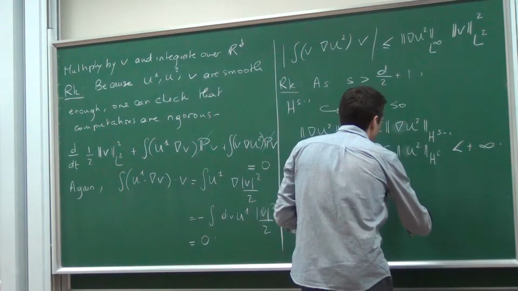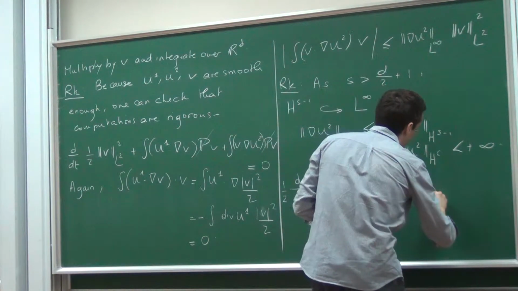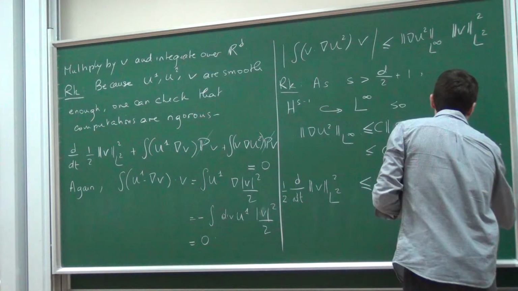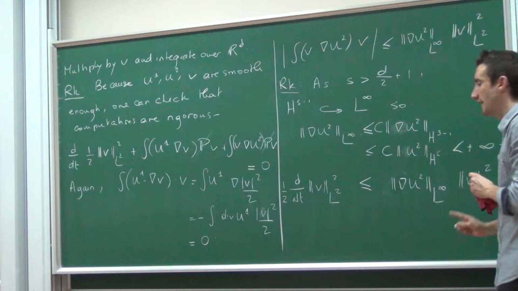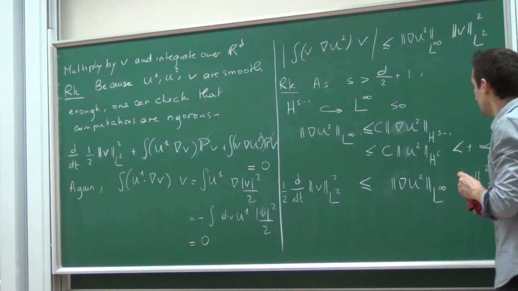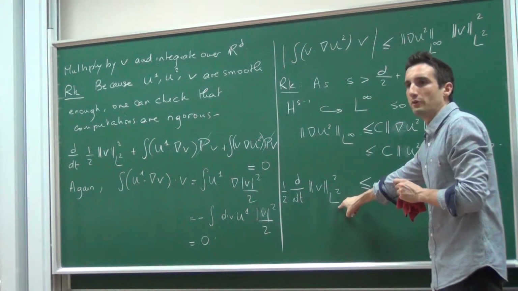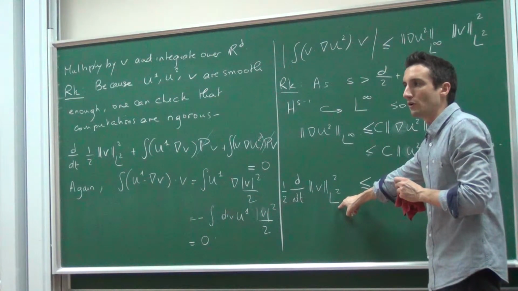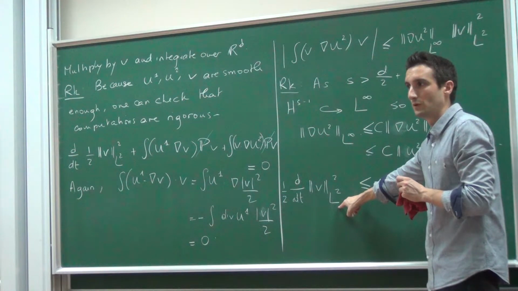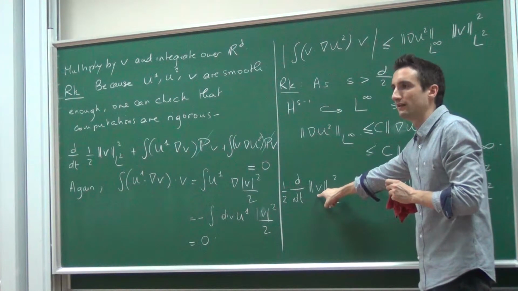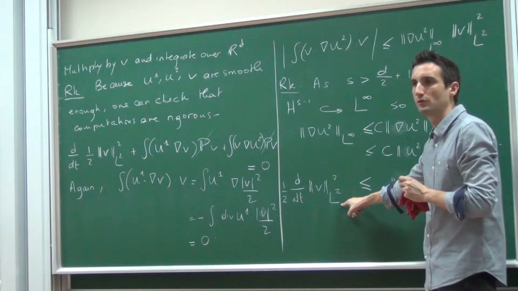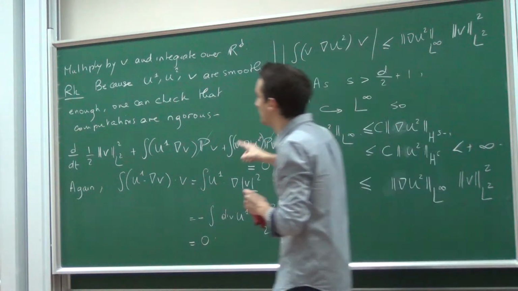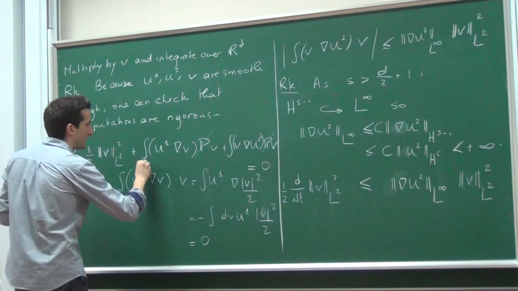This is less than the L infinity norm of gradient of U2 times the L2 norm. Be careful, when I write things like this, that's the L2 norm only in space. Only in space. Here, this is at some given time. All integrals here are over R^d.